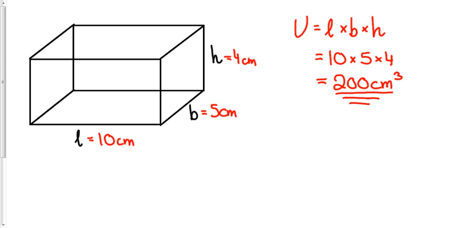And we can then generalize that for any cuboid, like if it was an area question where we do our 3 lines of working. We're just going to do 3 lines of working. We're going to start with the formula, we're going to put our numbers in, and then we're going to get our answer, and we're going to use our centimeters cubed unit. I can't stress that enough, to use the right units here. Okay, in the next video we will look at the volume of a prism for you.